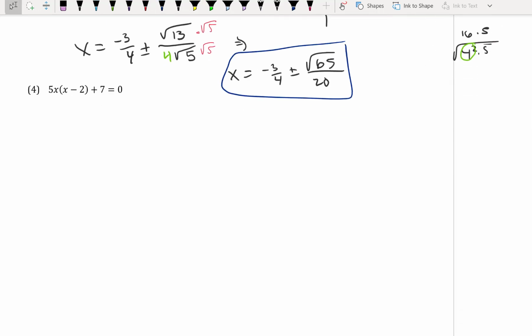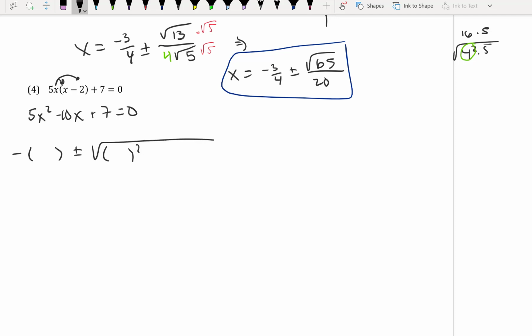Now for number 4, this one I am going to have to distribute. So I have 5x squared minus 10x plus 7 is equal to 0. So I have a negative b plus or minus the square root of b squared minus 4 times a times c all over my 2 times my a.